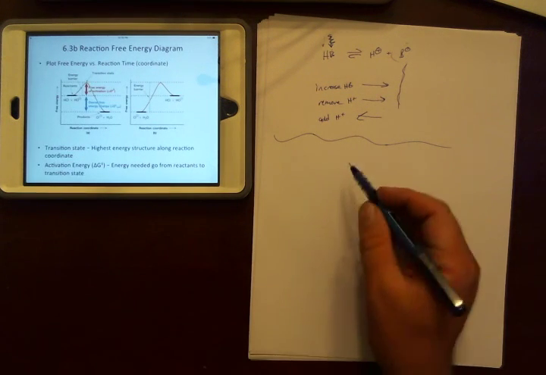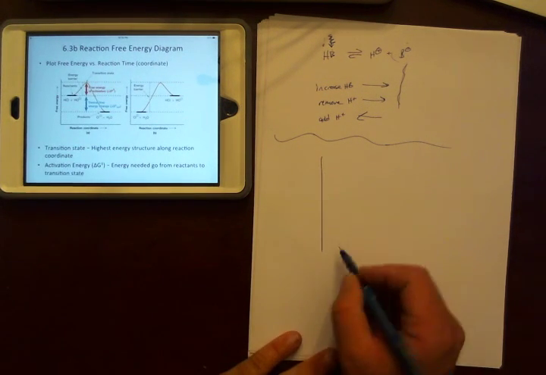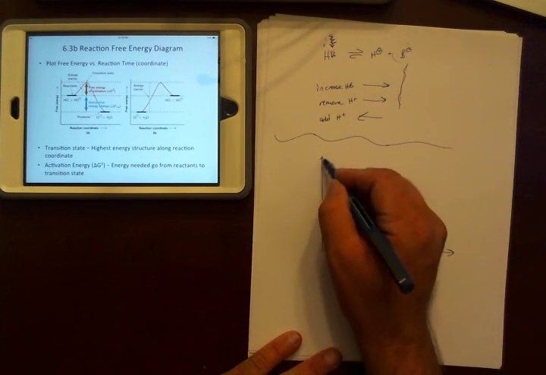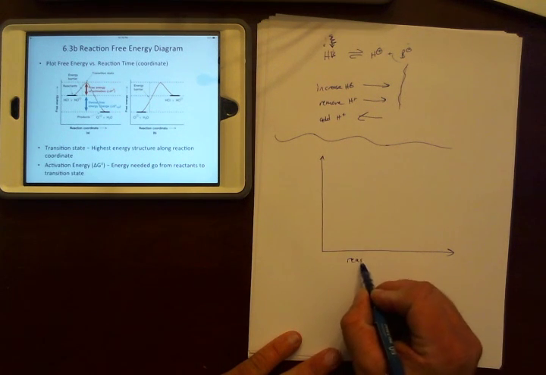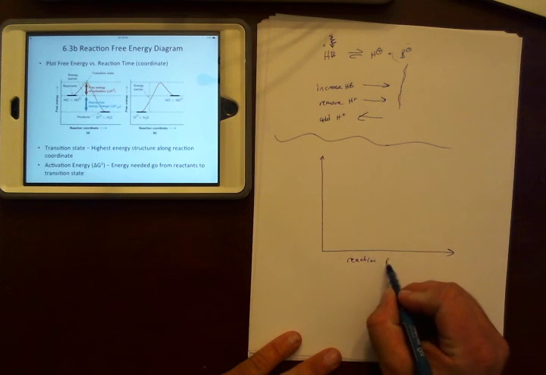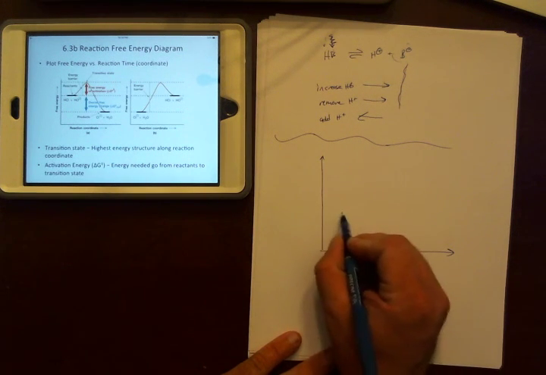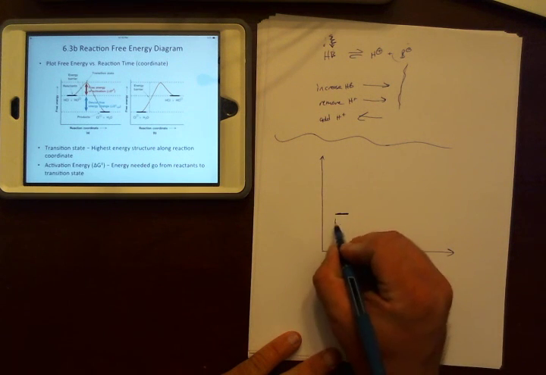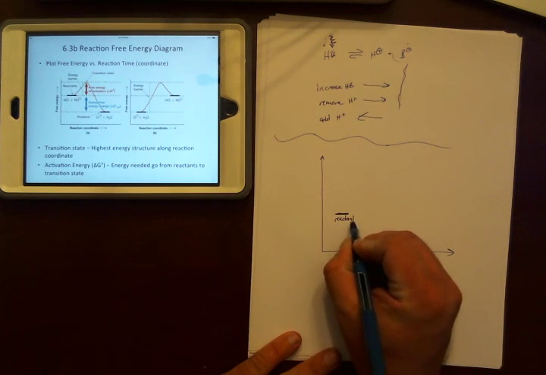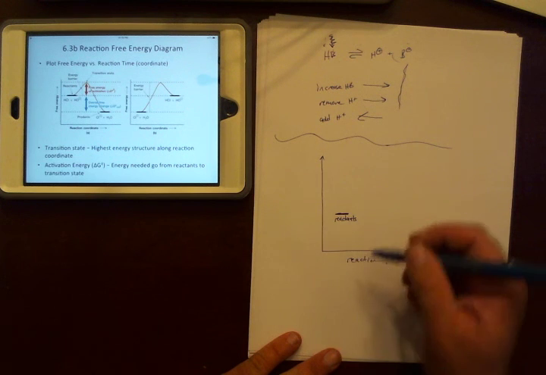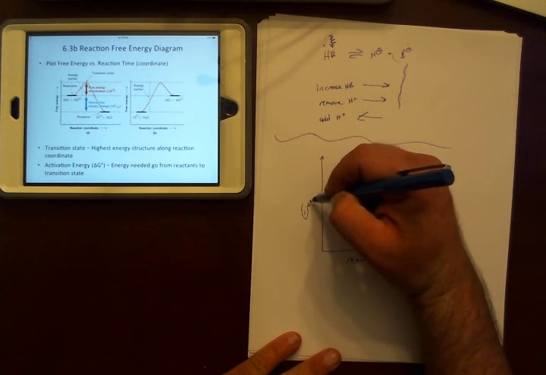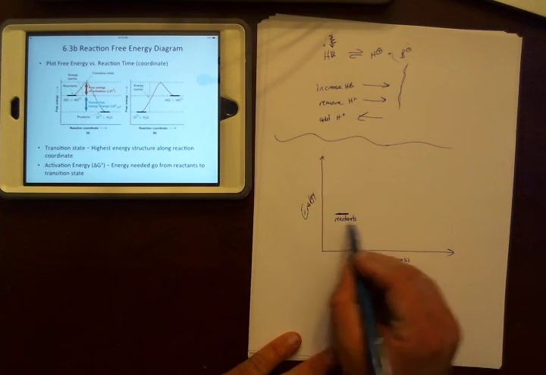So we can actually plot what's going on with the reaction. Reaction progress goes this way. We're going to start with some arbitrary reactants, and we're going to plot energy, some sort of arbitrary energy.